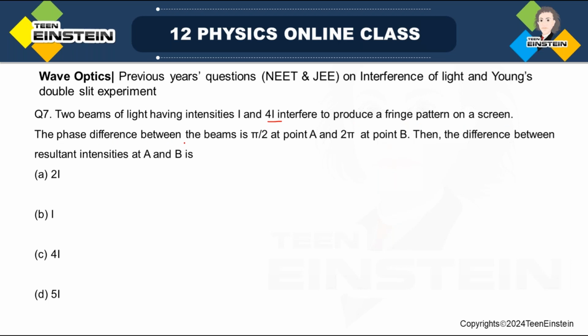The phase difference between the beams is pi at a point A and 2 pi at a point B. Then find the difference between the resultant intensity at B and A. See what it is saying: two interfering beams have intensity I1 equal to I and I2 equal to 4I.